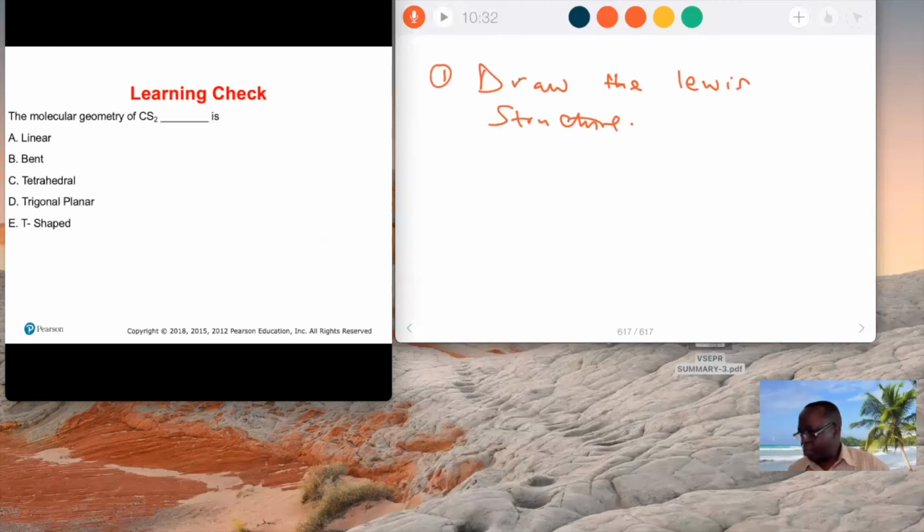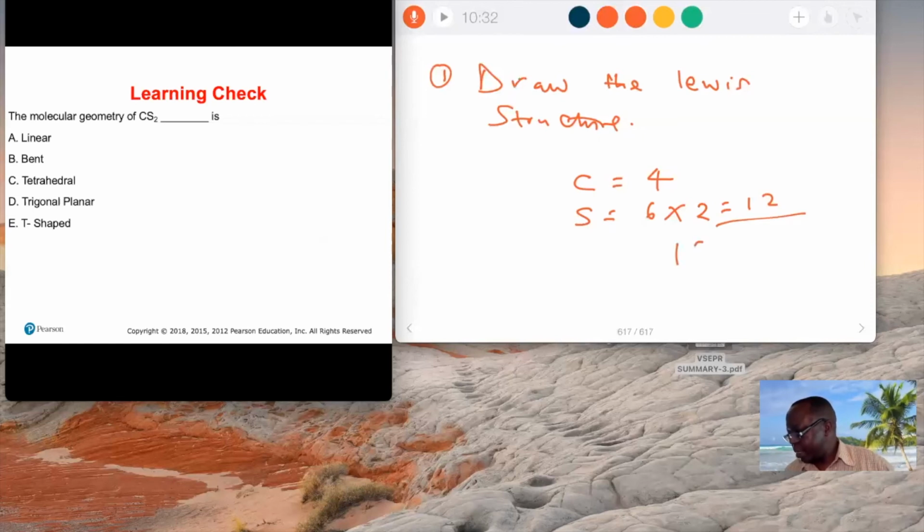So for this, carbon is in group 4, so it has 4 valence electrons. Sulfur is in group 6, so it has 6 times what? 6 times 2, which is 12. And then when you add that, we have 16. That's what we learned earlier in chapter 8.